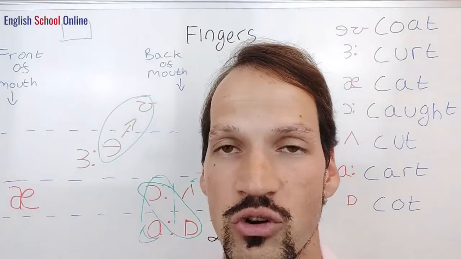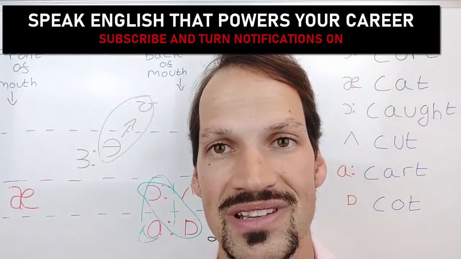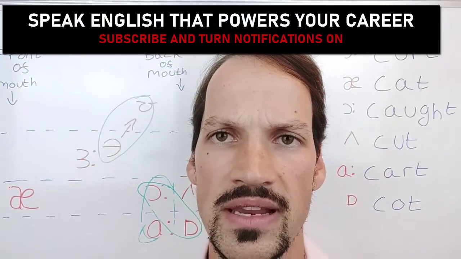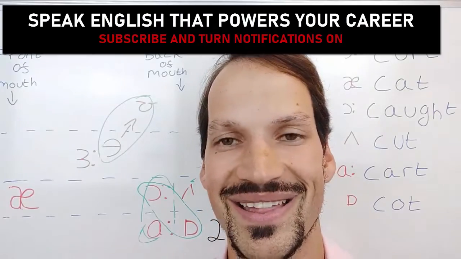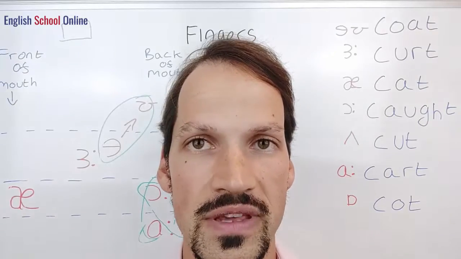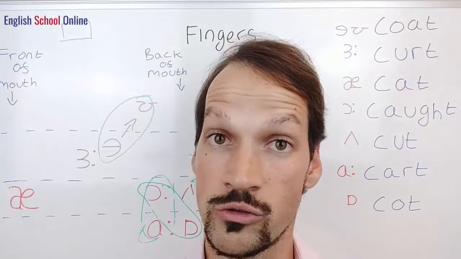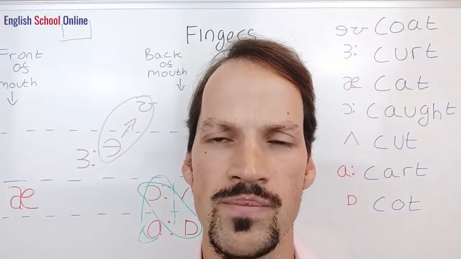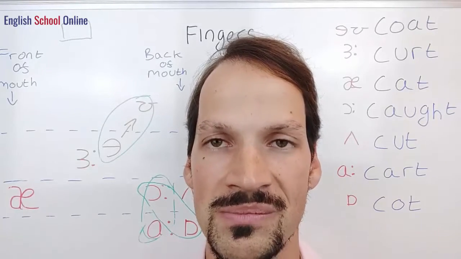If you found this tutorial useful, then I've got tons of other tutorials out there on vowel sounds and consonant sounds. But I'd really recommend, if you find any of these words hard to differentiate between, or if you ever find yourself getting asked to repeat yourself when you're saying any of these words, or getting some funny looks, then just go through this tutorial again and again, ask me any questions and I'll answer them.